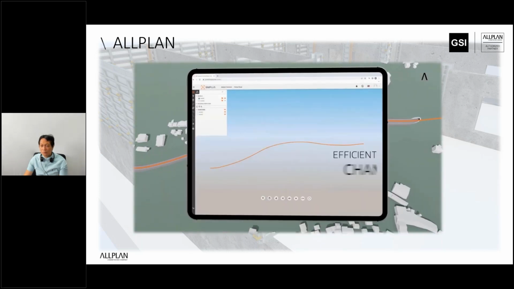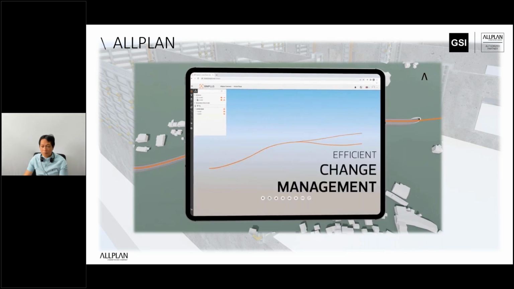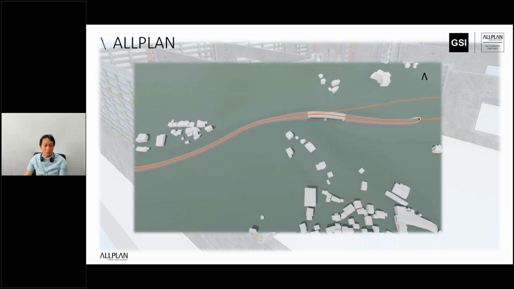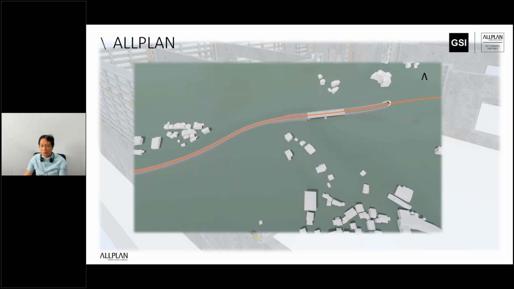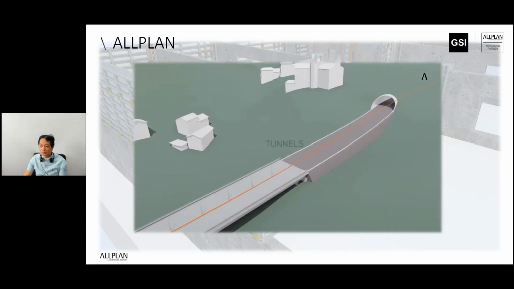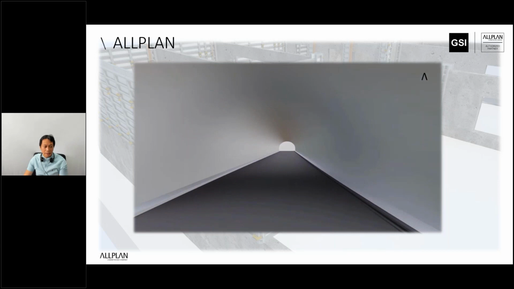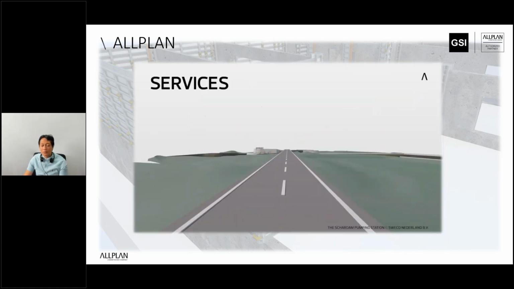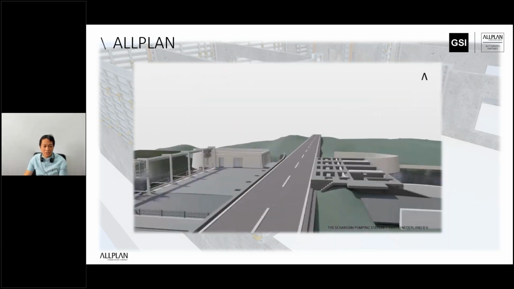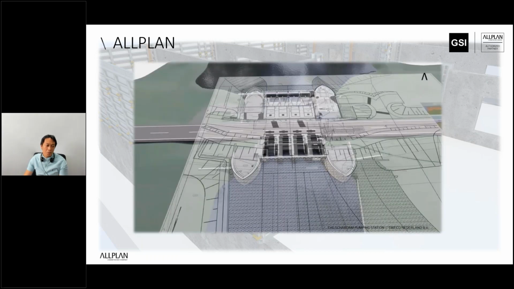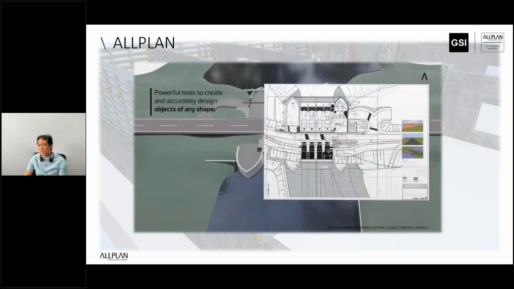Then we also have the bridge, and of course, we have also tunnels and other services like your manholes, your sewers, services lines.